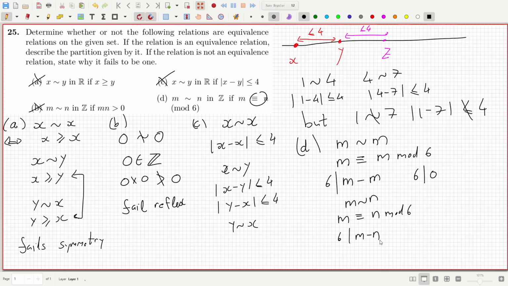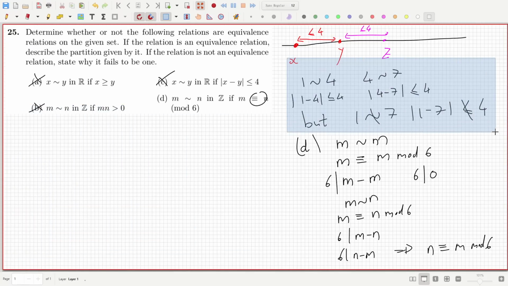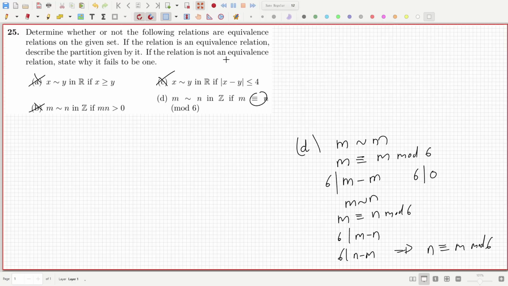But since we're in the integers, we can say 6 divides into n minus m, which will just be the negative of the previous one. So yeah, that leads us back to the other direction. So I think the trickier one now is transitive. Let's see if we can get transitive.